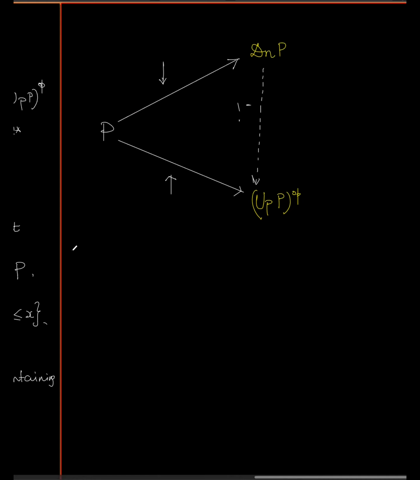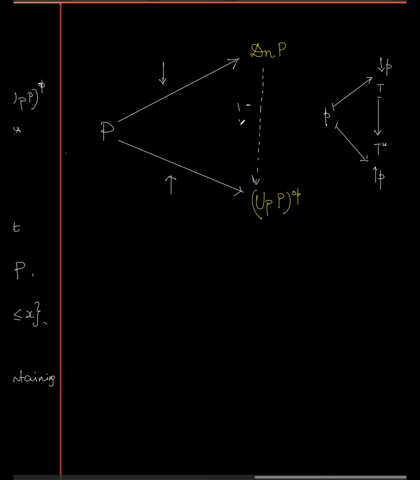If I take a subset, say T of P, so this map is actually taking P to downsets of P. This one is taking a subset of P to upsets of P. And this is taking a subset T to the set of upper bounds of T. So I leave it to you to check.